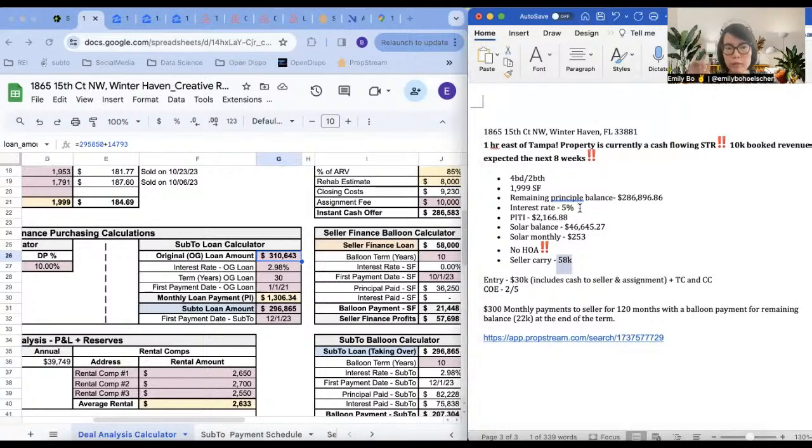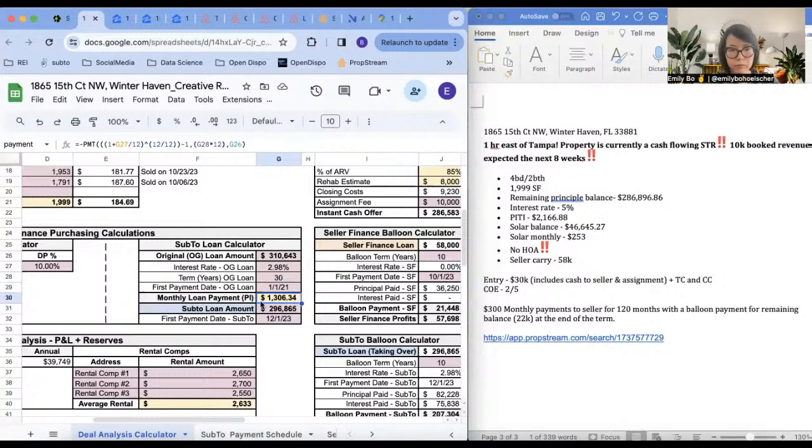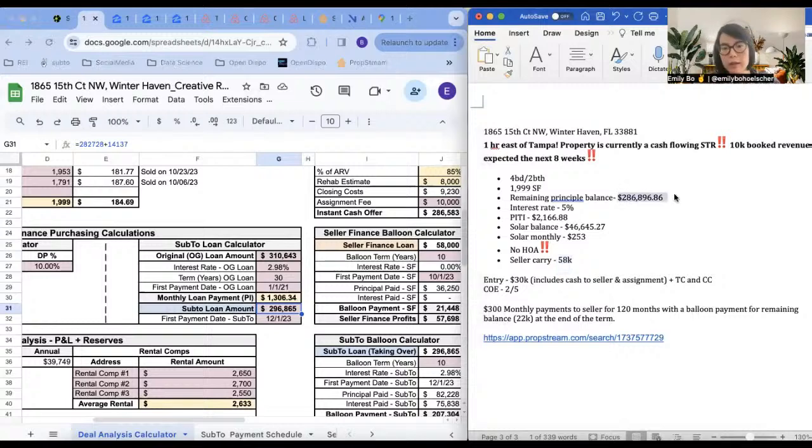It's always best to get the mortgage statement from the wholesaler, so that we can verify everything. And from PropStream, I also know that it's 30 years, and this is the first pay date. Then I get the monthly loan payment, principal plus interest, being $1,300. And the subject-to loan amount, this is the number I get from PropStream, is $296,000, which is slightly more than the wholesaler's number. So I would just go with the wholesaler's number.